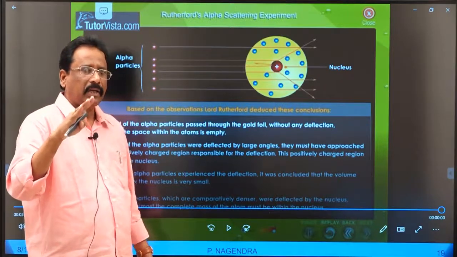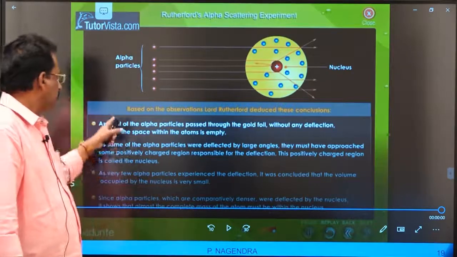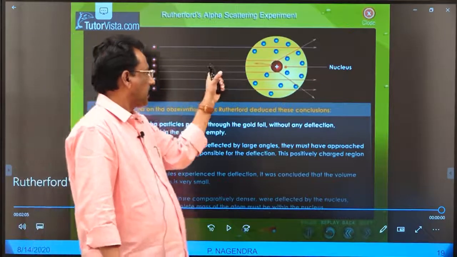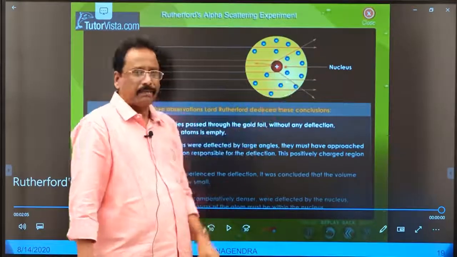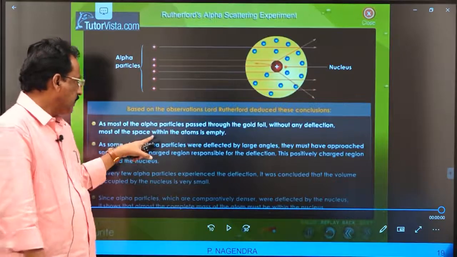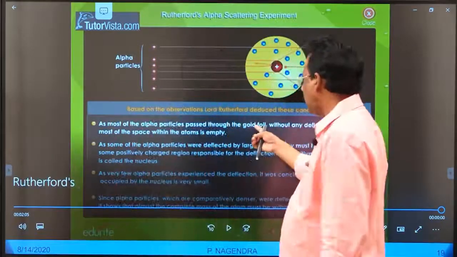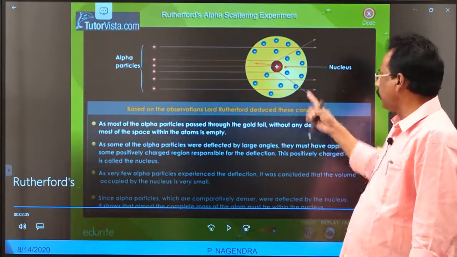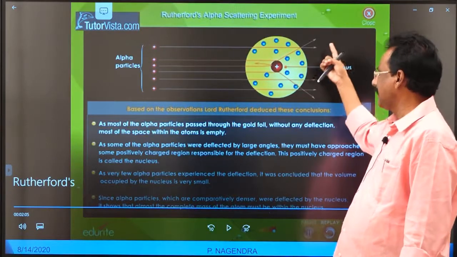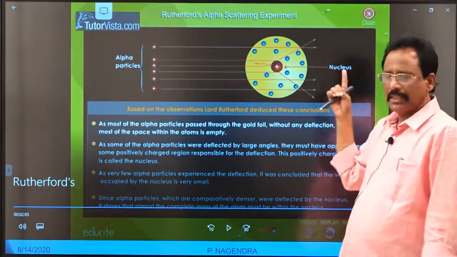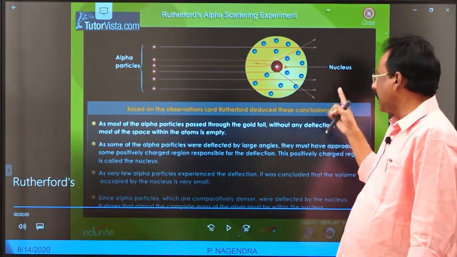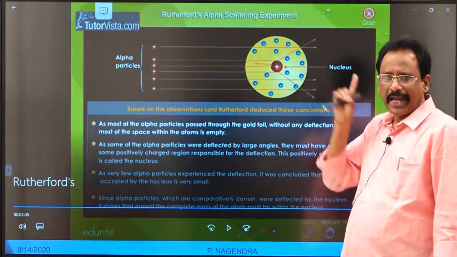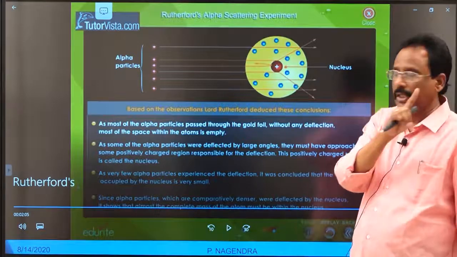Once again I will repeat. The first observation and conclusion is that most of the alpha particles pass directly through the gold atom, indicating the atom is extremely hollow with a lot of empty space. And some of the alpha particles are deflected or scattered at larger angles, indicating the heavy positive charge is concentrated at the center of the atom, which he called the nucleus.